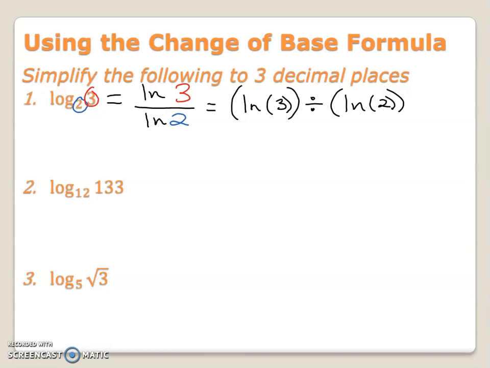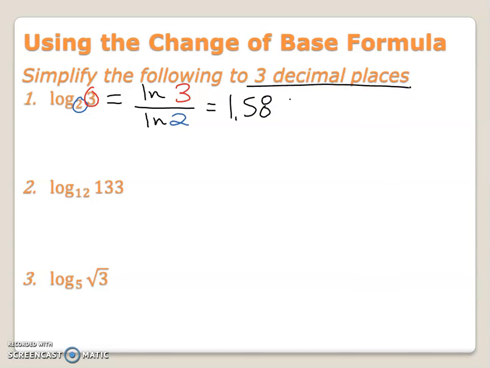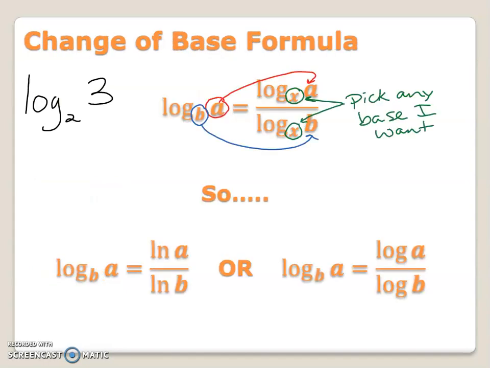Now, when I plug that into my calculator, assuming that I plug it in the correct way, I should have a 1.5849. It says to round to 3 decimal places, so 1.585. Okay, now, we gave you 2 formulas. You could have also just used your logarithm here.